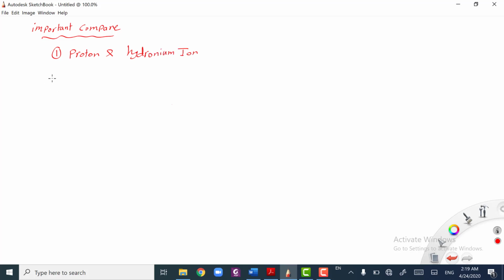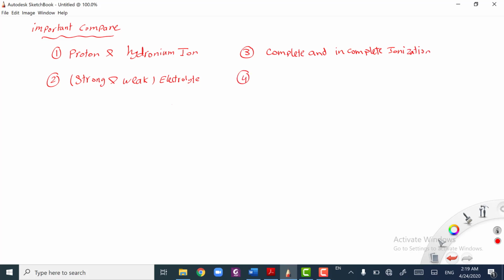Number 2, compare between strong and weak electrolyte. Number 3, compare between complete and incomplete ionization. Number 4, compare between chemical and ionic equilibrium.